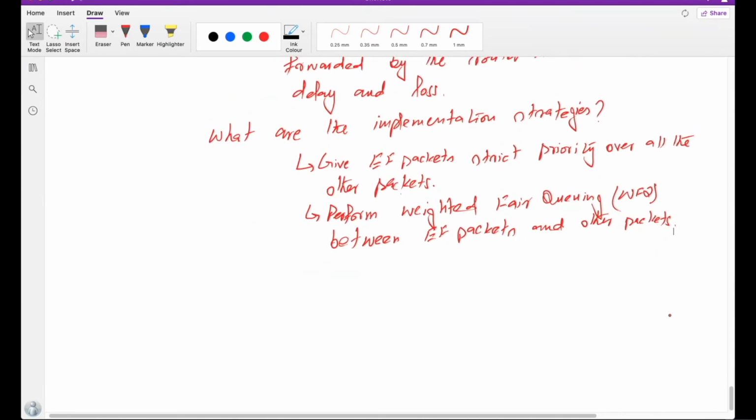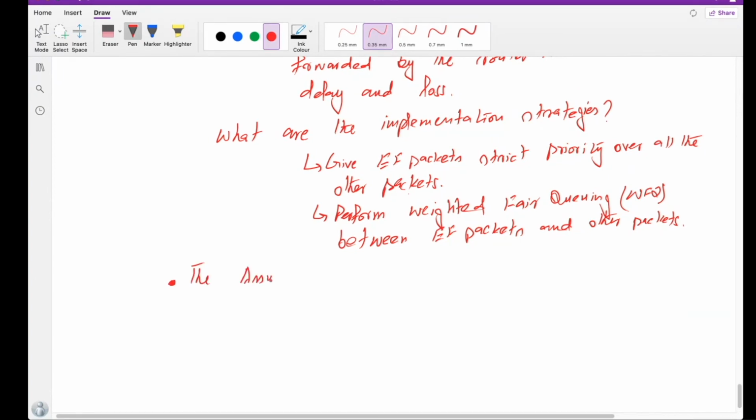Right. So let's talk about the second per hop behavior, assured forwarding.